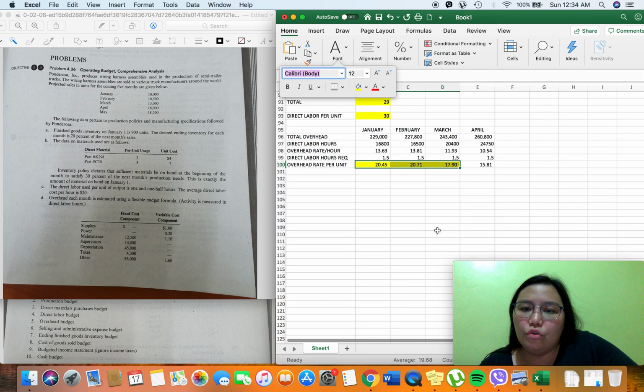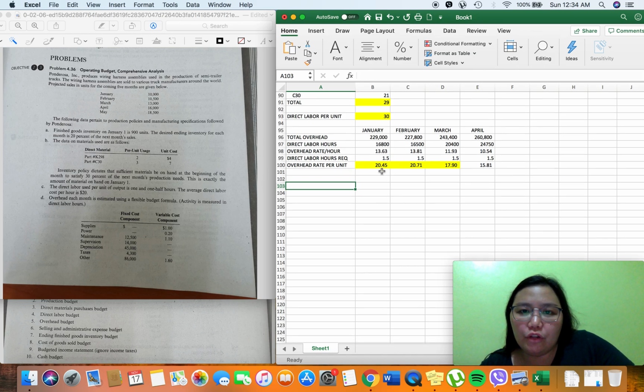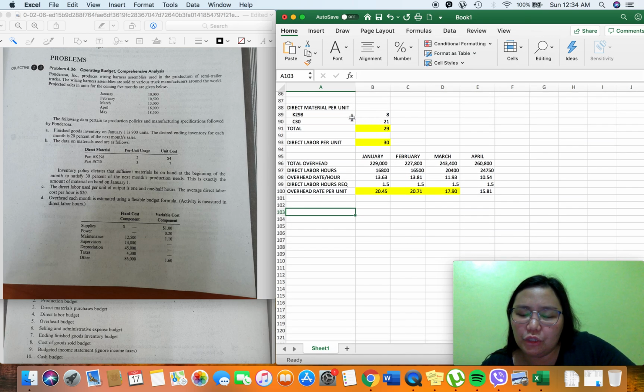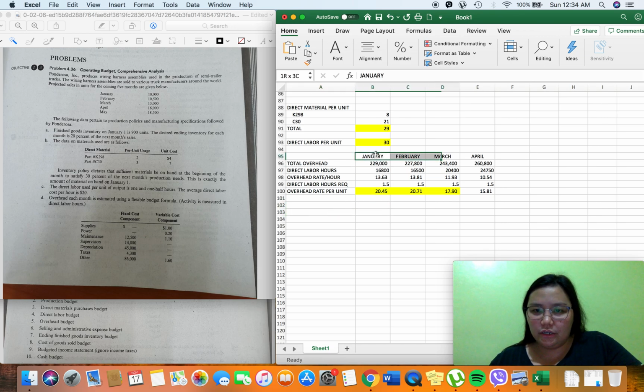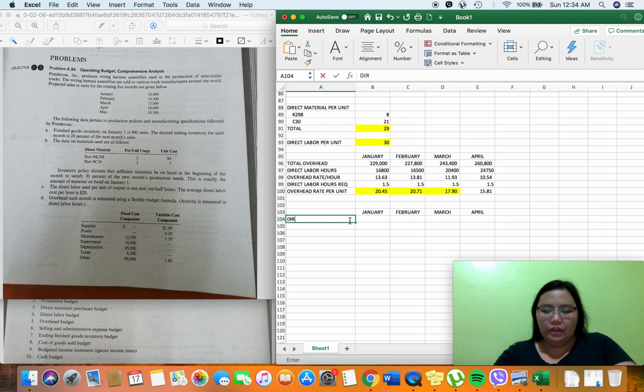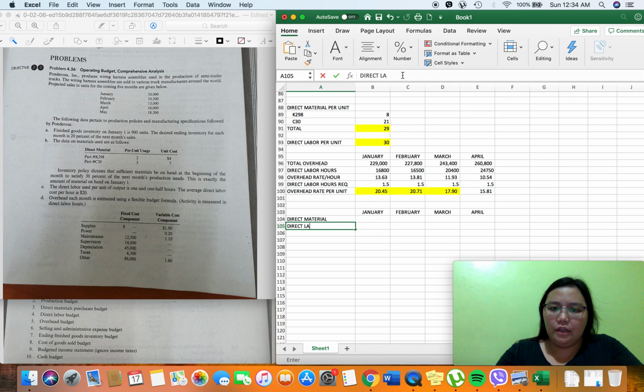Since we have already computed the direct material, direct labor, and overhead rate per unit, we can now prepare the ending finished goods inventory budget. We just copy this. We have direct material, direct labor, and then overhead.